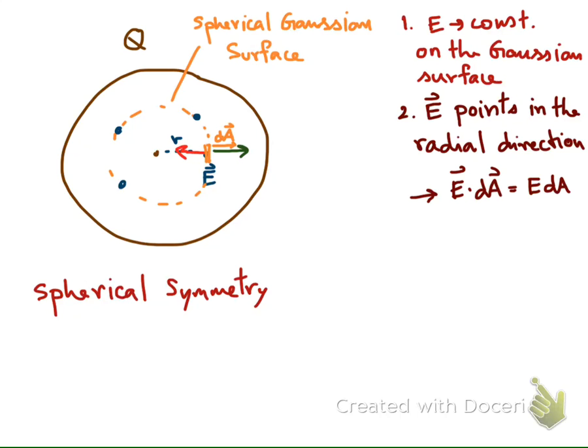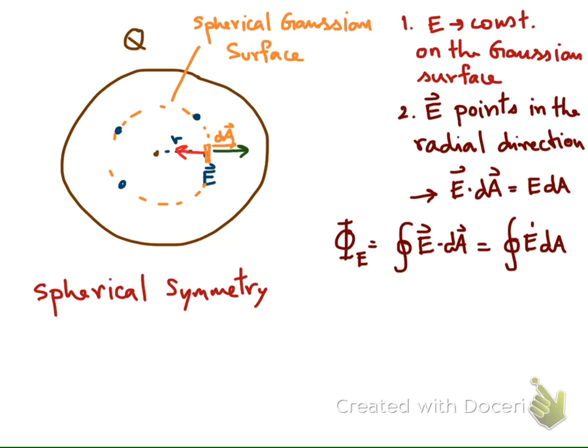It means that if we want to calculate the total flux that passes through the outer side of this Gaussian surface, we must have that phi E is equal to the integral over the closed surface of E dot dA, which is equal to the integral of E dA.